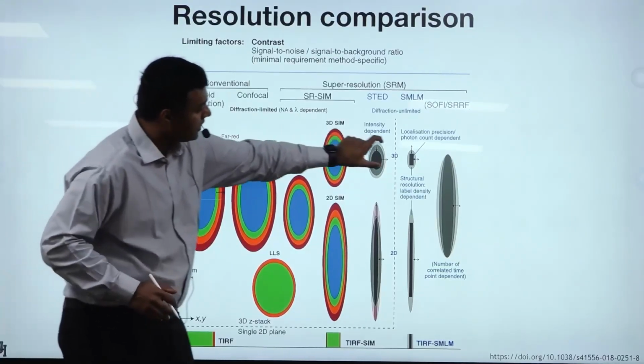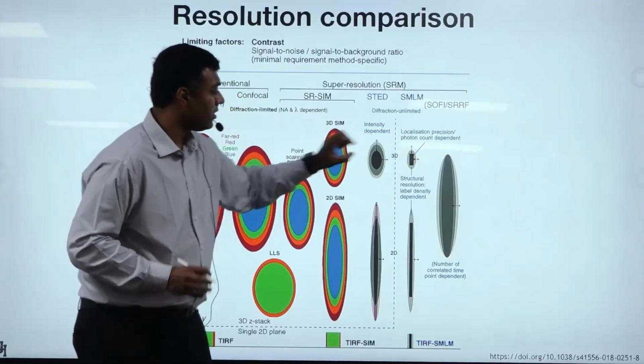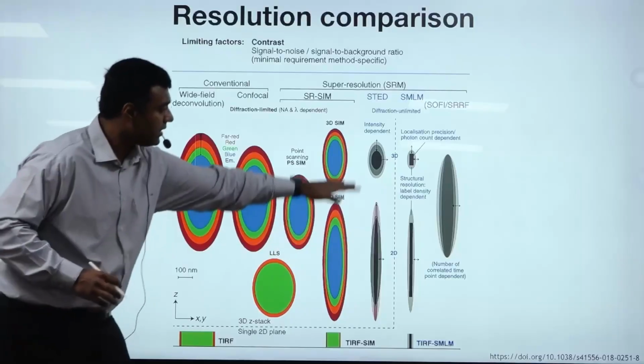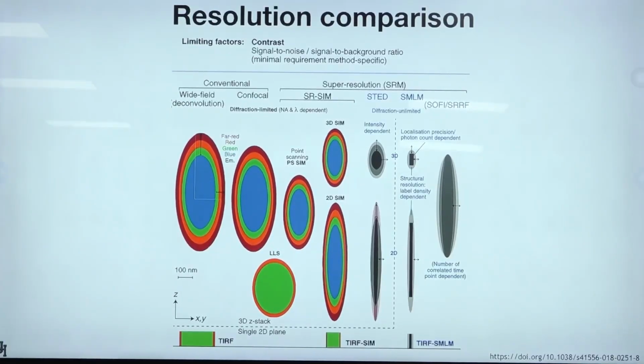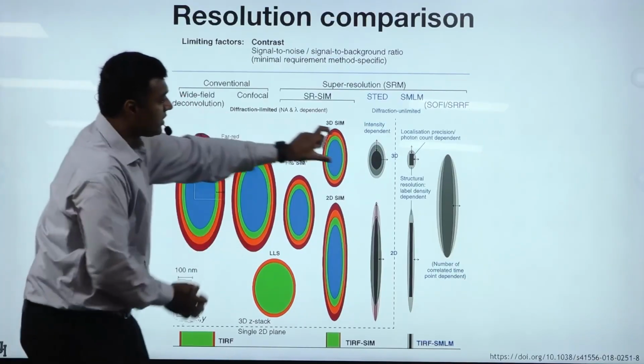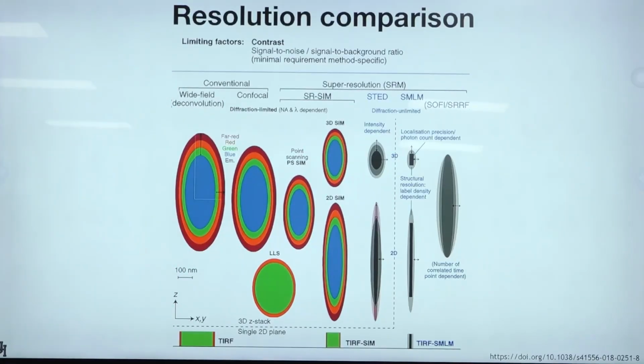This is the size of the spot you can get, in 2D and 3D, so how much you can localize with these super resolution methods, compared to the size of the single dot you can precisely localize and image.